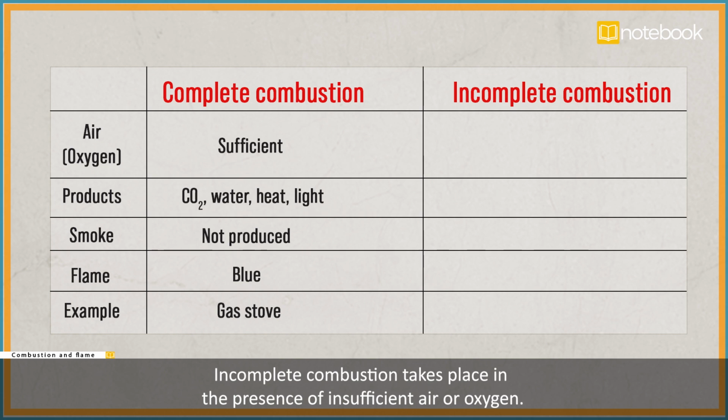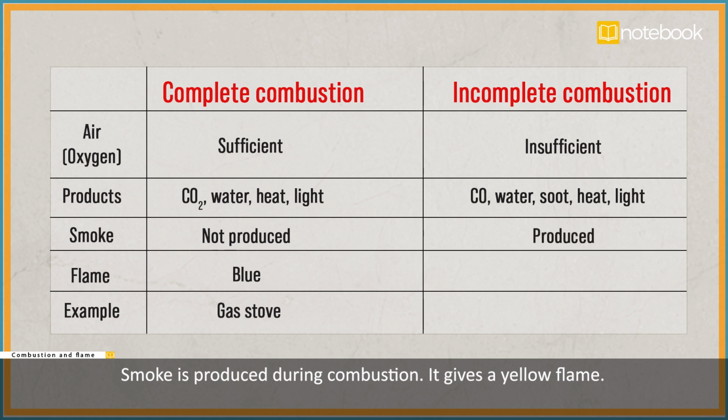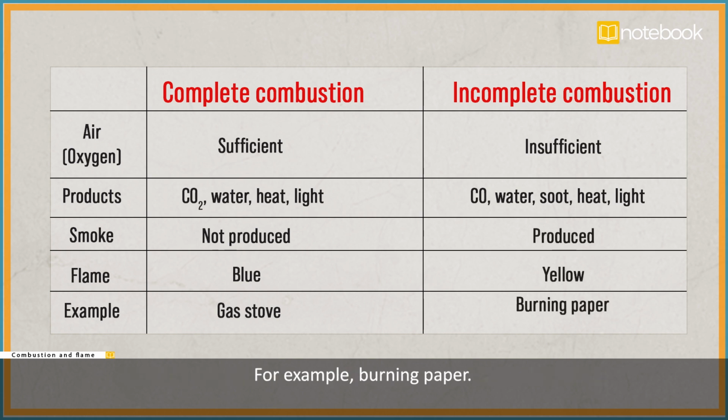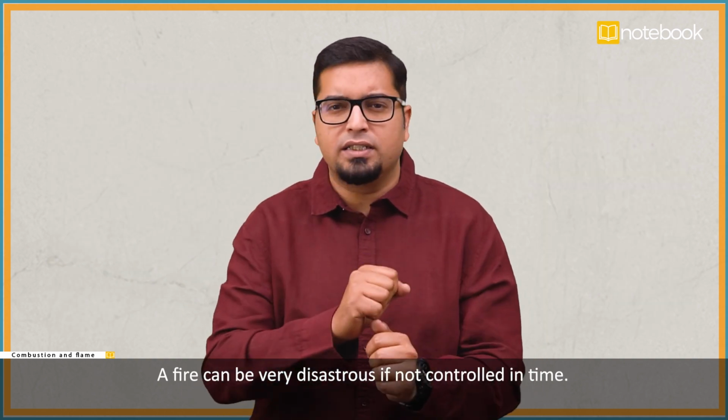Incomplete combustion takes place in the presence of insufficient air or oxygen. This results in the formation of carbon monoxide, soot, water, heat and light. Smoke is produced during combustion. It gives a yellow flame. For example, burning paper.